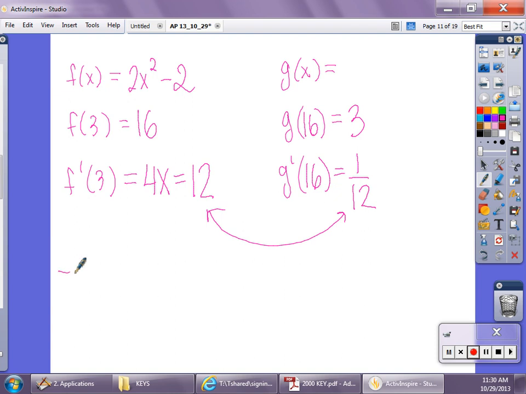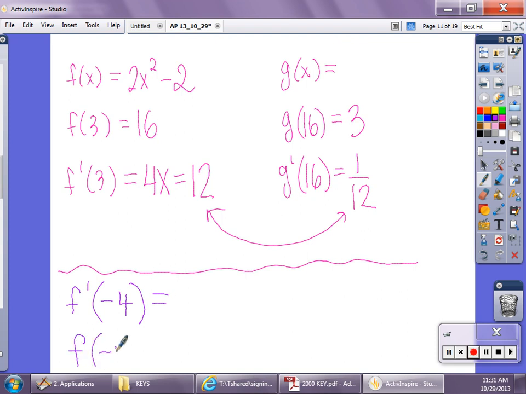So if I calm myself down here, and we say f prime of, let's do -4. Well, first of all, I need to know f of -4. What is f of -4? 16, 32 minus 2 makes 30.